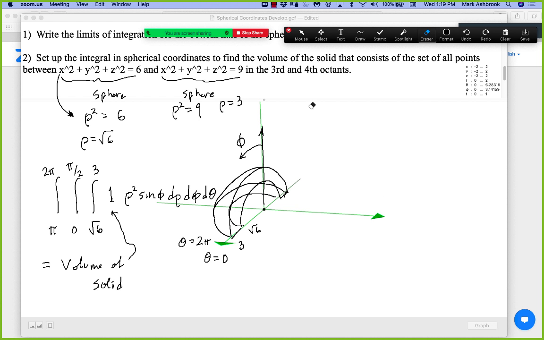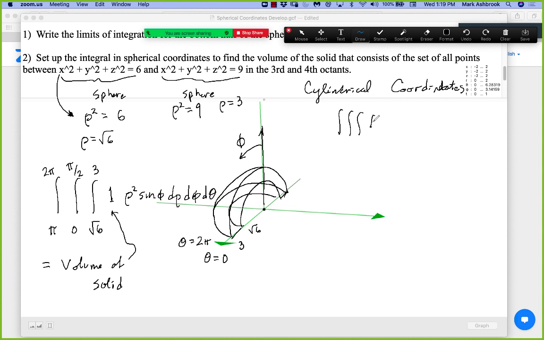Okay, now I want to do this. That was spherical coordinates. I want to do the same problem in cylindrical coordinates. I want to do a cylindrical triple integral. Okay, and so what does that look like?